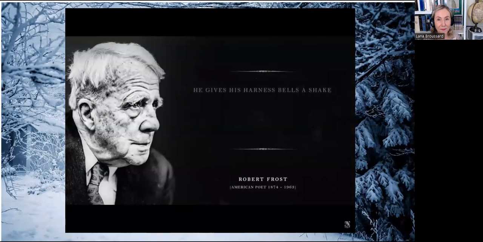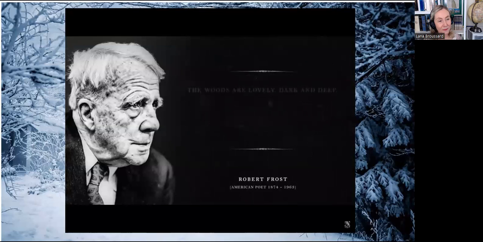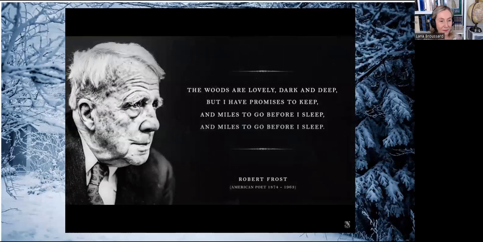He gives his harness bells a shake to ask if there is some mistake. The only other sounds the sweep of easy wind and downy flake. The woods are lovely, dark and deep, but I have promises to keep, and miles to go before I sleep, and miles to go before I sleep.